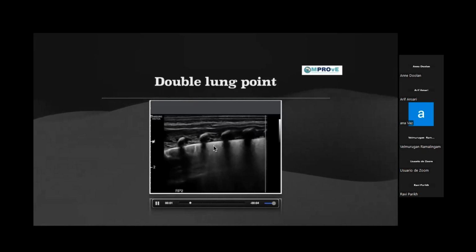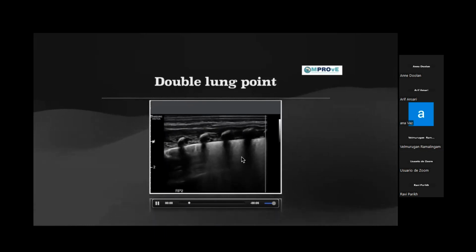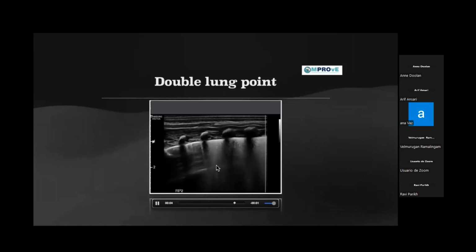We see the smudged effect of the pleural line and the compact B lines coming in the picture. So B profile. And again, I refrain from using A-B profile because of this very reason. Somebody might say, okay, I see A profile here, B profile here in this zone. Can we call it an A-B profile? Well, no, don't say that.